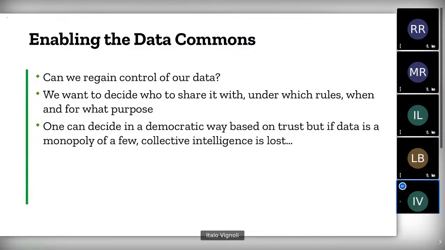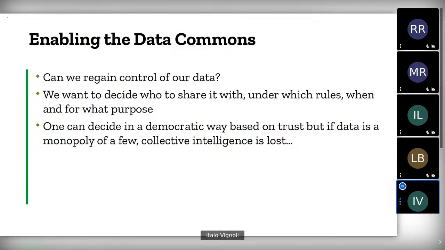So unfortunately, the situation is that our data are still owned by some data monopolists, which are known with the GAFAM acronym, so Google, Apple, Facebook, Amazon, and Microsoft.